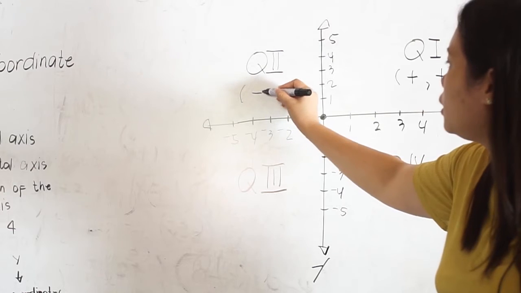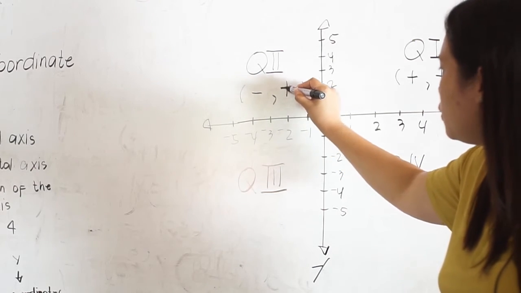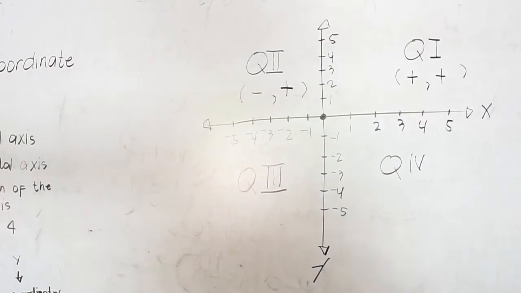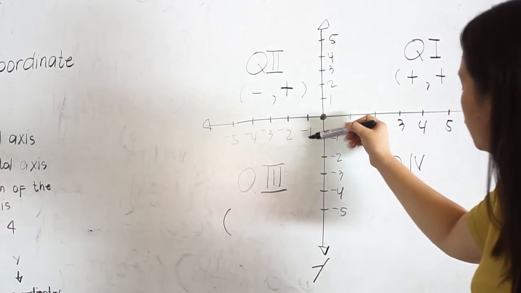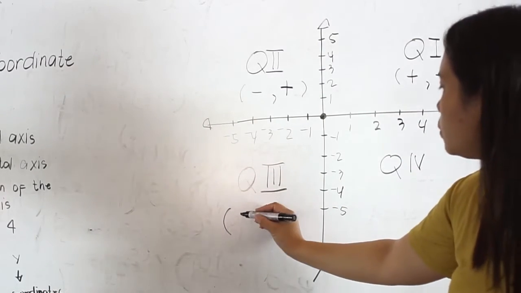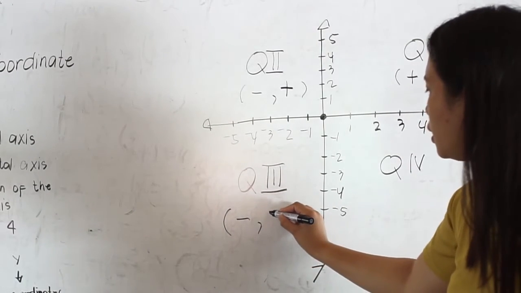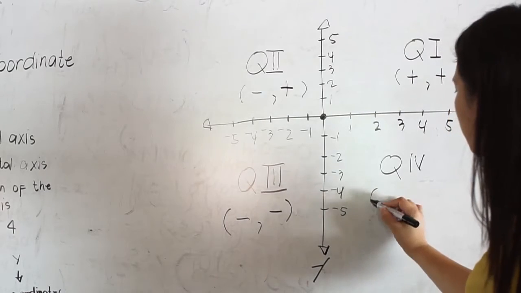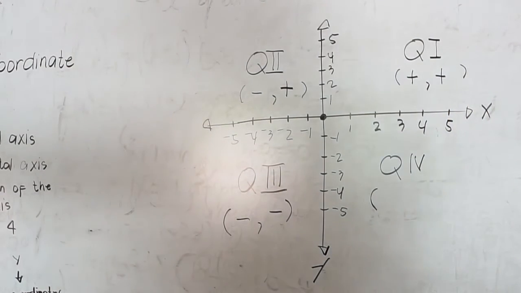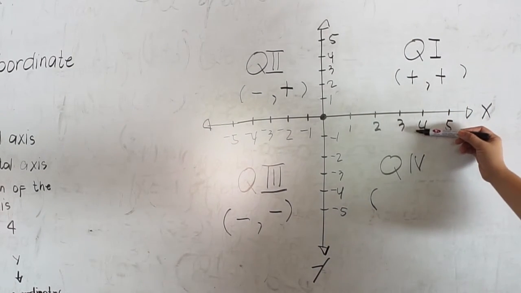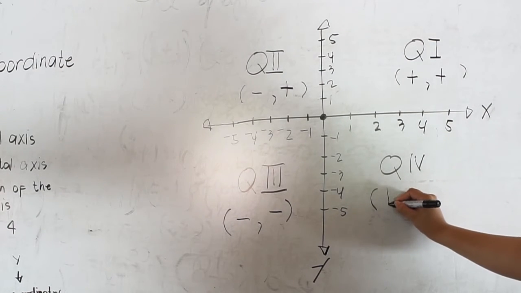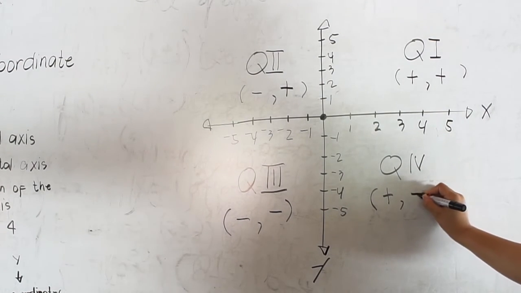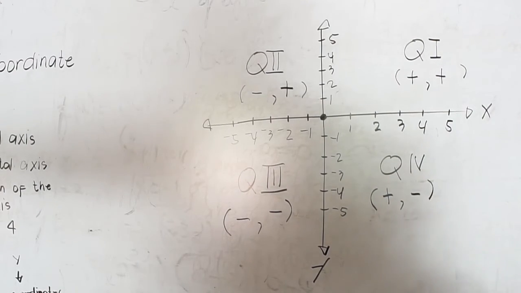So negative and positive, that will be your quadrant 2. And then quadrant 3: the x here is negative and y is negative. So quadrant 3 is negative and negative. And then quadrant 4 is x positive and then y is negative. So quadrant 4 is positive and negative.